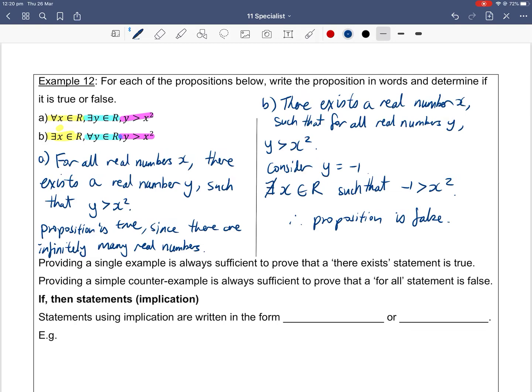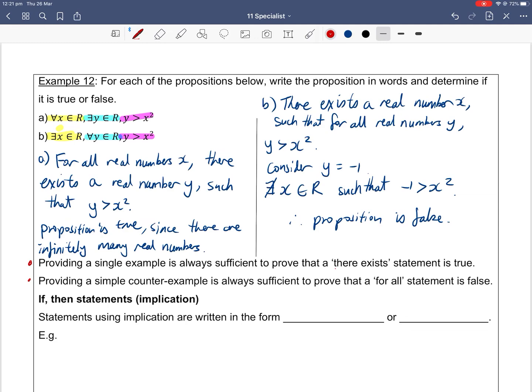In contrast, B is saying there exists a number x such that for anything you give me, y is always bigger than x squared, which is not true, because if y was -1, then you can't. Whatever you square can't be bigger than -1.